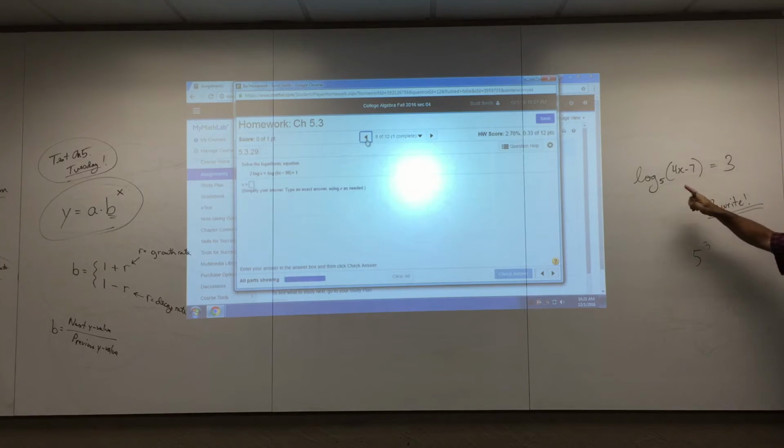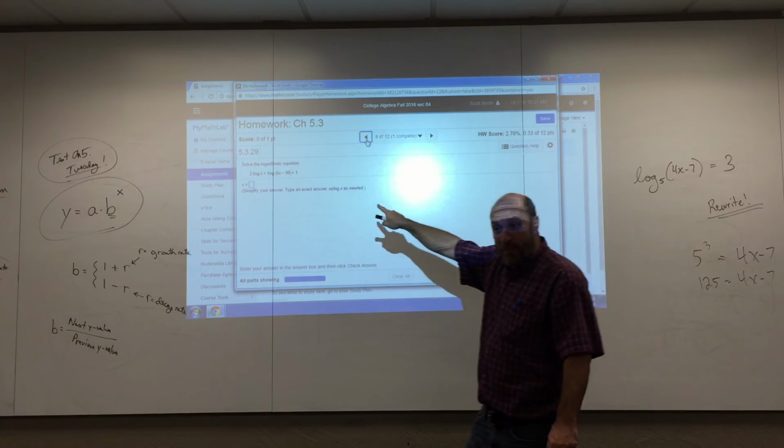So it's the base raised to the exponent equals what's inside the logarithm. When you rewrite it, you now have a very easy problem. That's the key, that beginning step. If you don't have the beginning step, you go nowhere. This is 125. So this was on your quiz, and you proceed to solve for x.